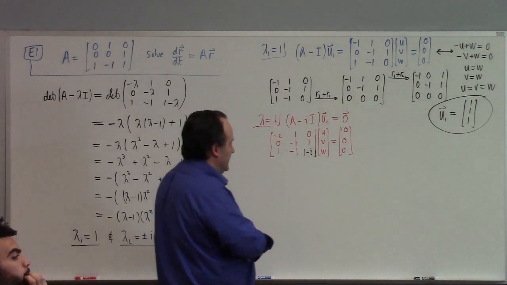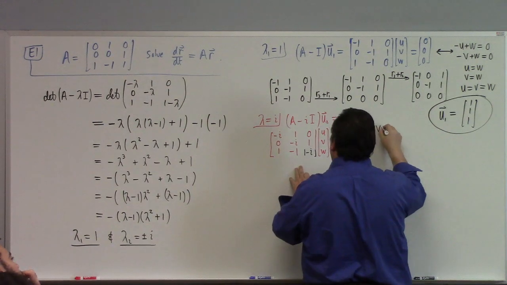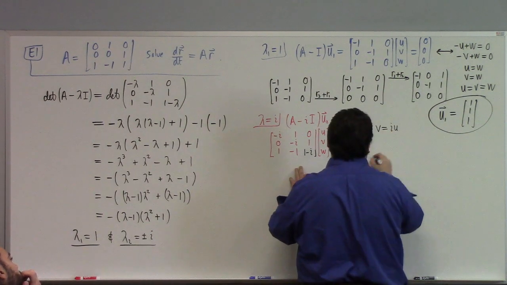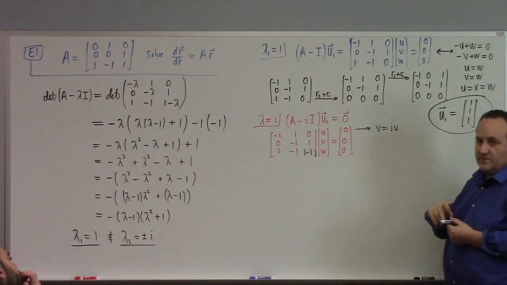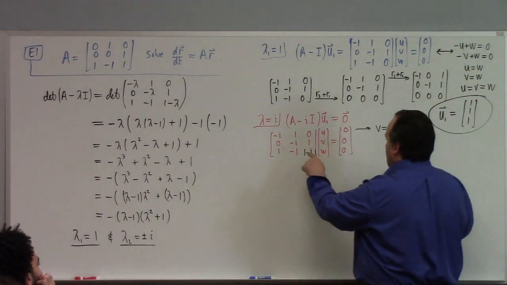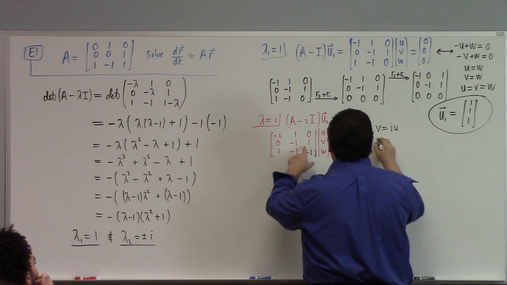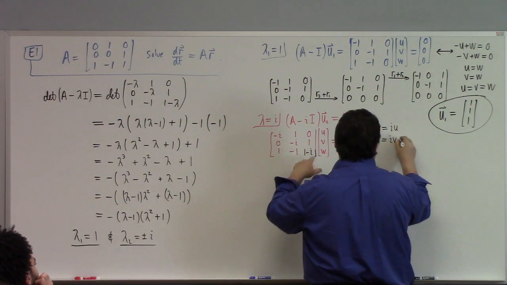We can just do substitution, basically, right? So the first row gives me that v is equal to i times u. You guys see that? Yes, no, maybe so. And the second row gives me that w is equal to i times v, right?